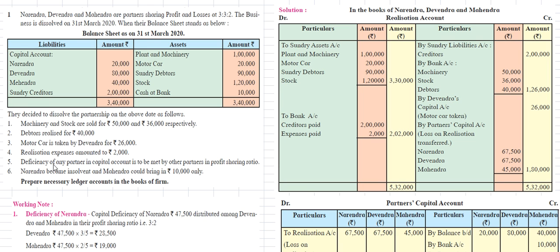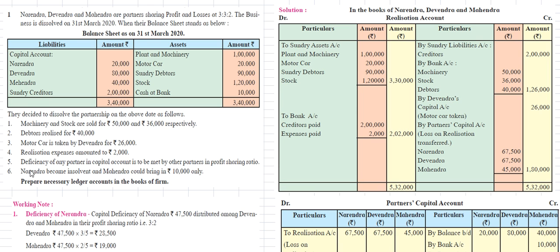Deficiency of any partner in capital account is to be met by the other partners in profit sharing ratio. Narendra becomes insolvent and Mahendra could bring in only 10,000 rupees.